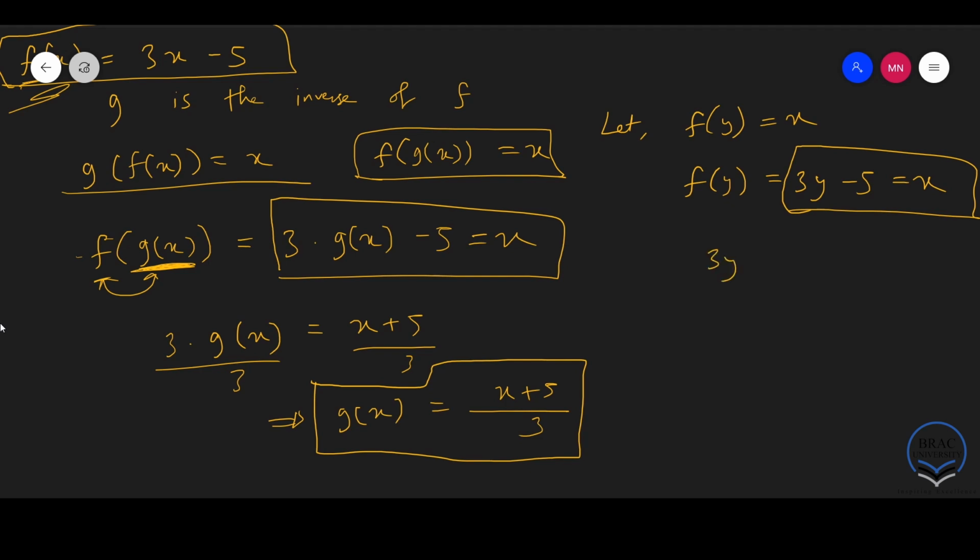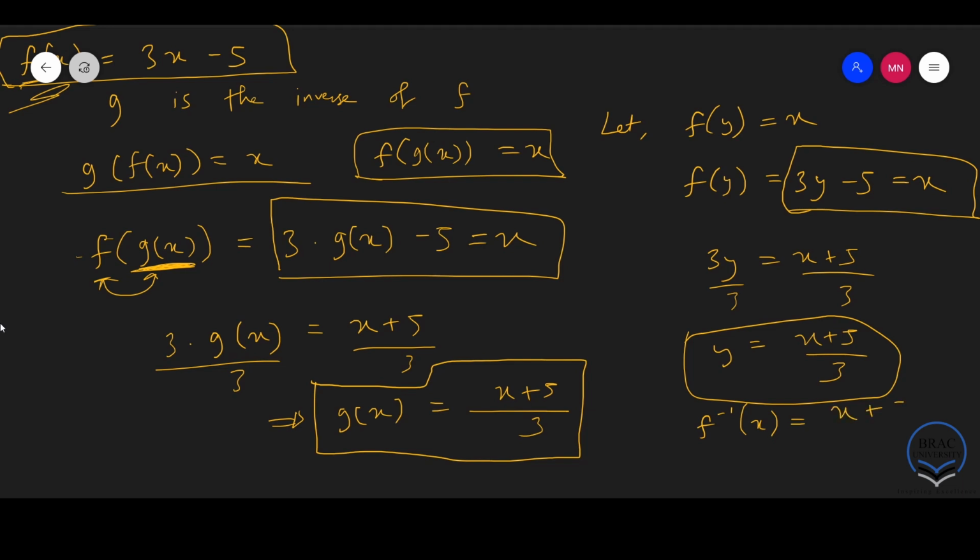So once again, we have 3y is equal to x plus 5, divide both sides by 3, we get y is equal to (x plus 5) by 3. And y is our inverse function of f. So f inverse of x is actually equal to this, right?